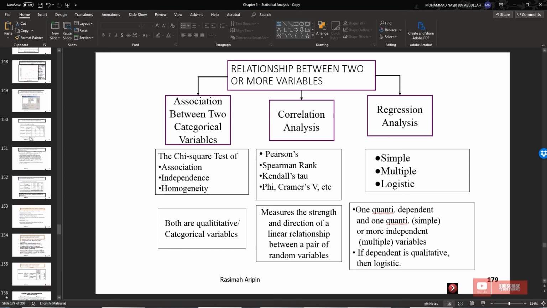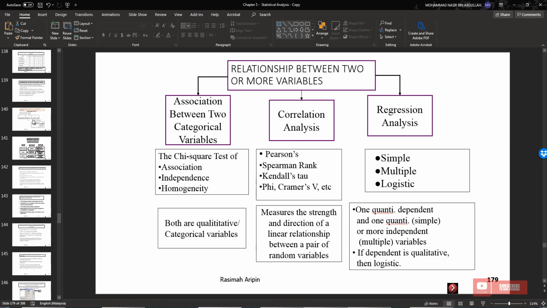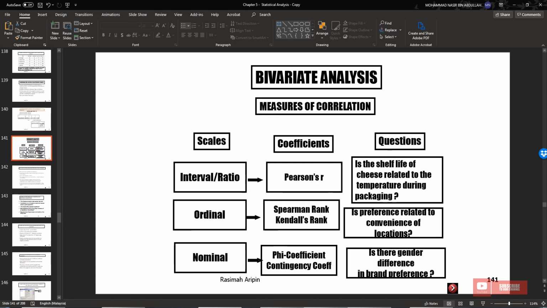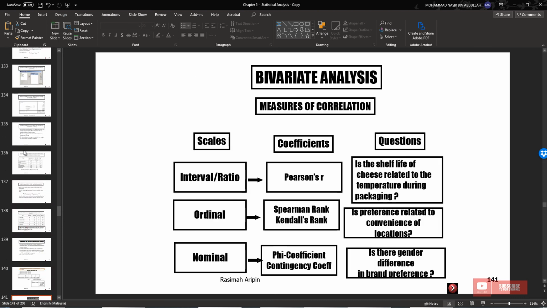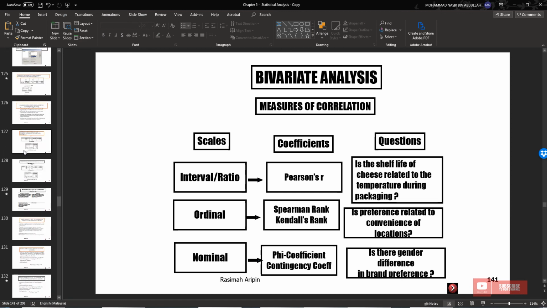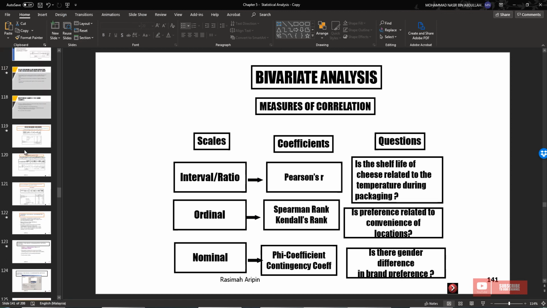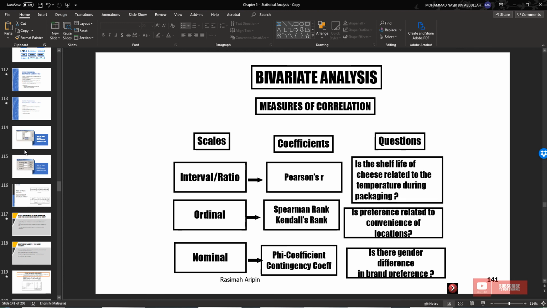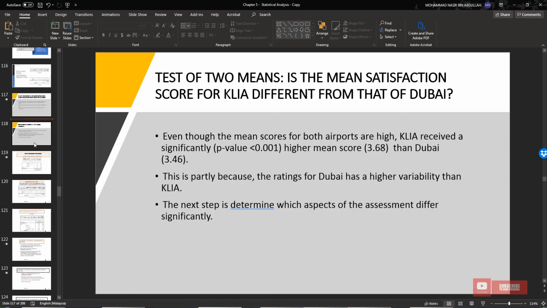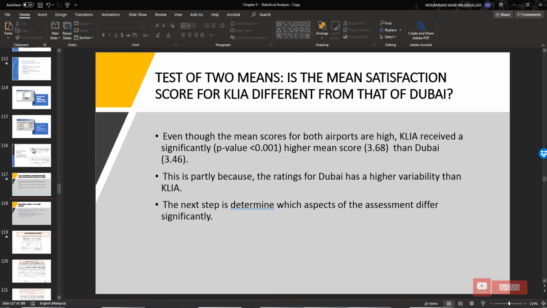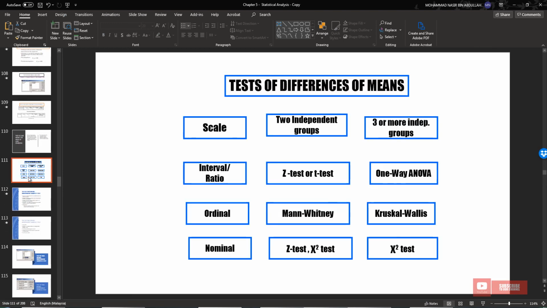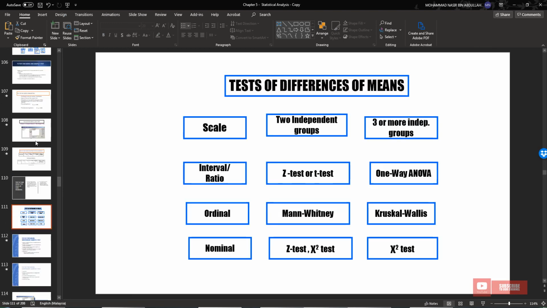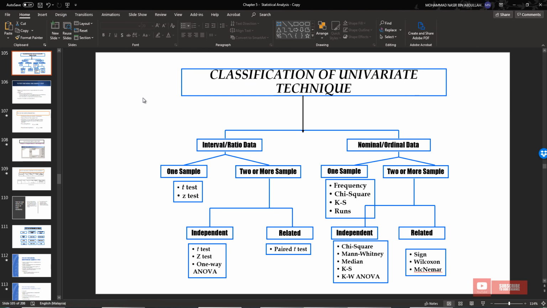The second flow chart that I gave earlier, where is it? This one.